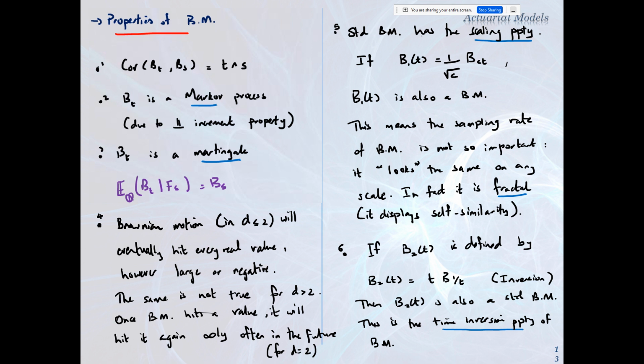So what is a martingale? It is defined like this: the expectation of BT given Fs is equal to Bs. So what is being said here? We are standing at S, given Fs. BT is in the future, which we don't know. We know the stock of information Fs, all the information up to S, and the Brownian motion process has a value Bs here.